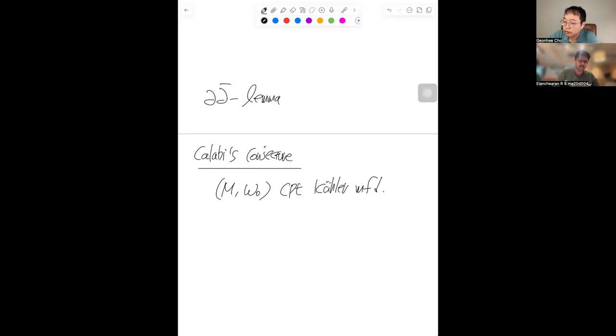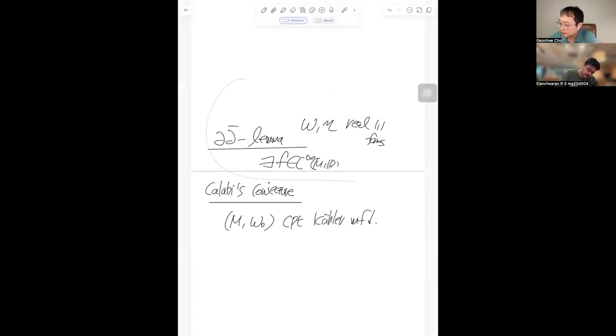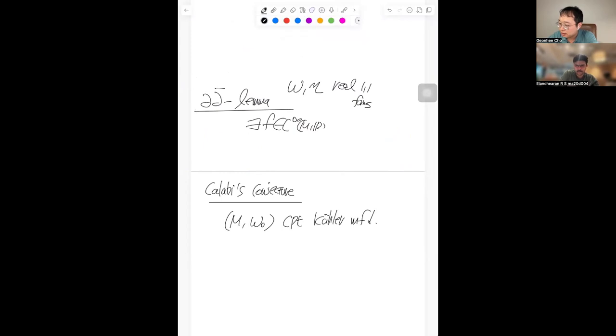If we have two real (1,1) forms omega and eta, then we are able to find smooth real-valued functions such that the relation holds. This is the ddbar lemma. Is it okay with you? This is the ddbar lemma. So what we know is the following.